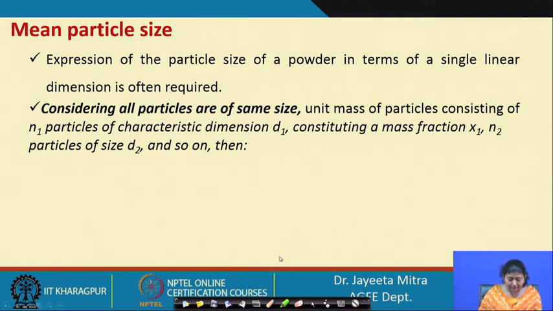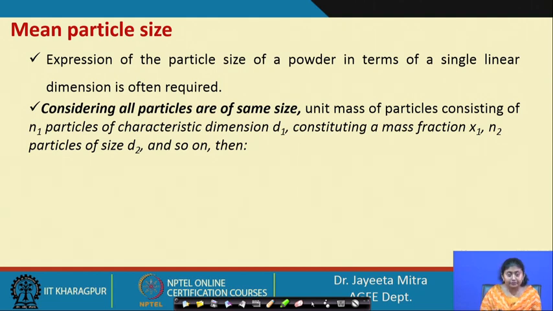So, considering all particles are of the same size, a unit mass of particles consisting of N1 particles of characteristic dimension d1 constituting a mass fraction x1, similarly N2 particles of size d2 constituting the mass fraction x2, and so on, is the basis of determining the particular size.